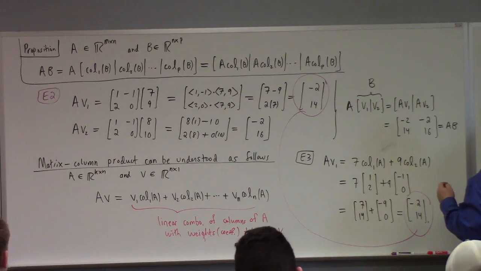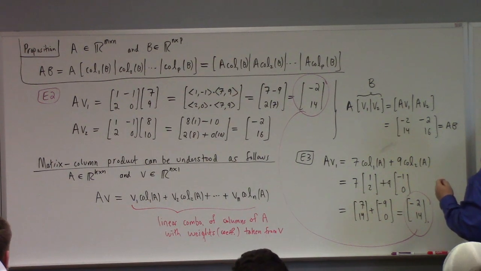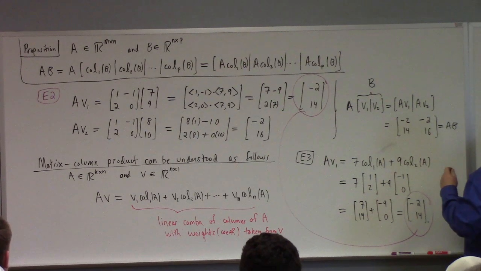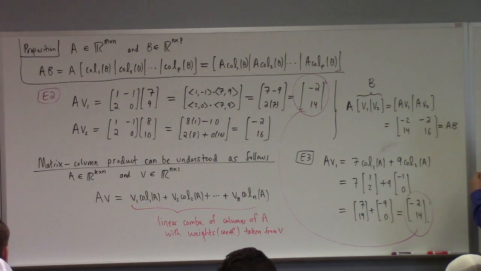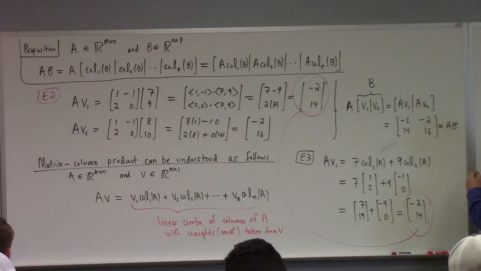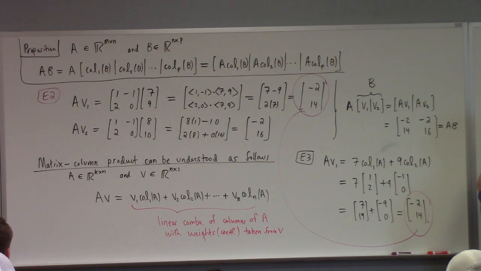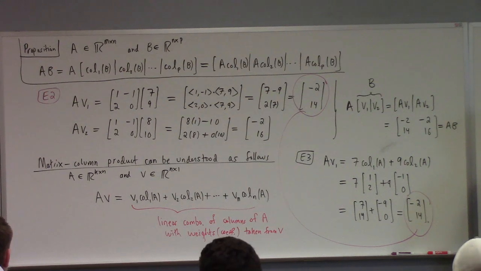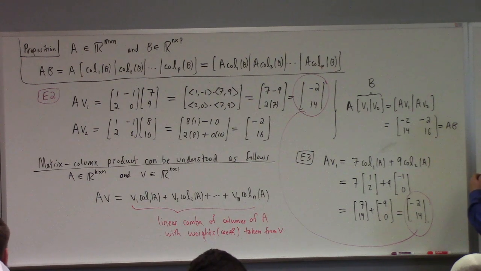So let's look at another example. Example 4. If I have A is 1, 2, 3, 4, 5, 6, 7, 8, 9, like this. And I take A times the vector x, y, z.